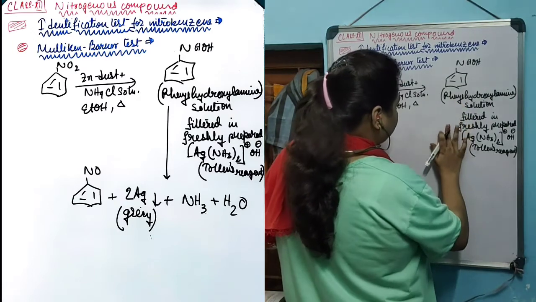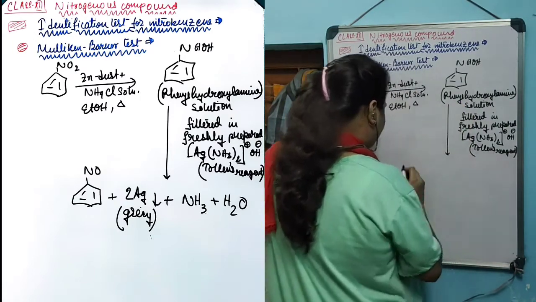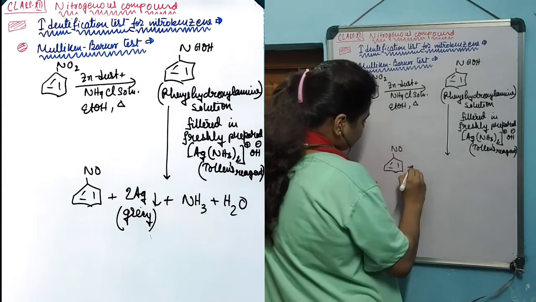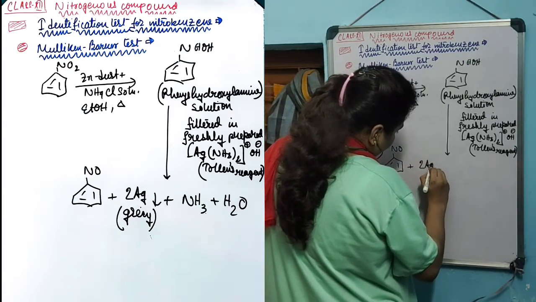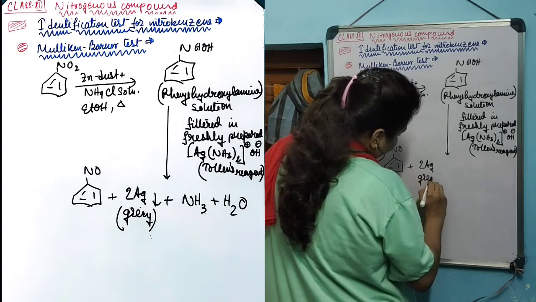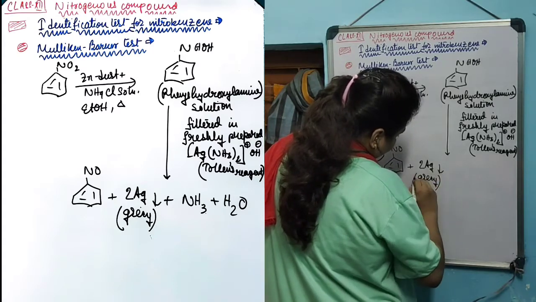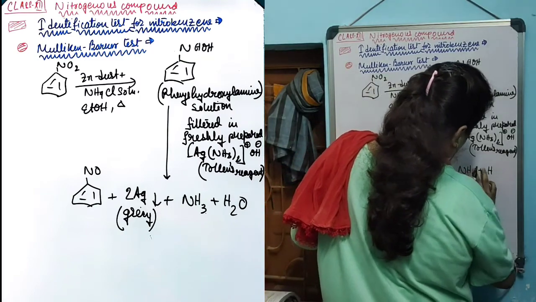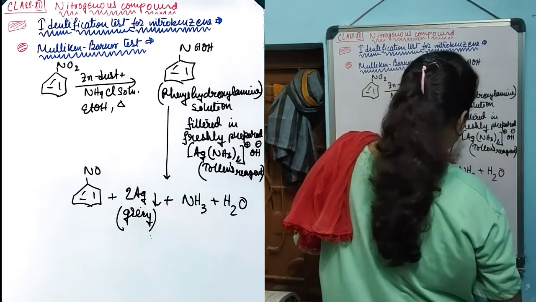As a result, nitrobenzene and grey silver precipitate is formed along with ammonia and water.